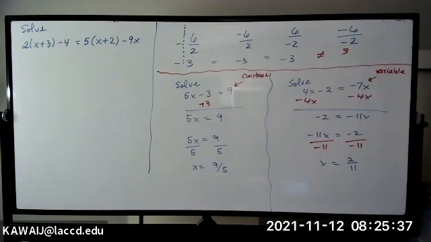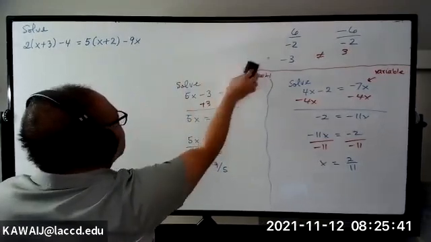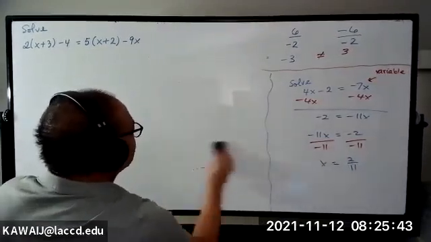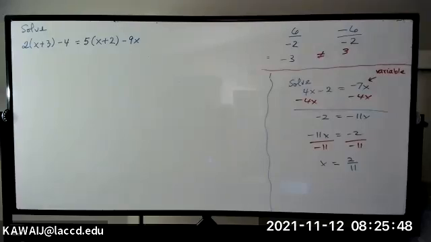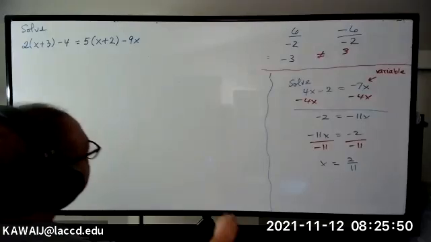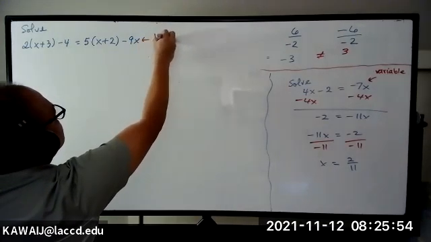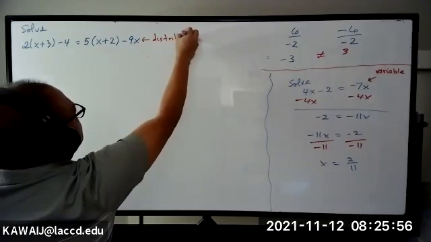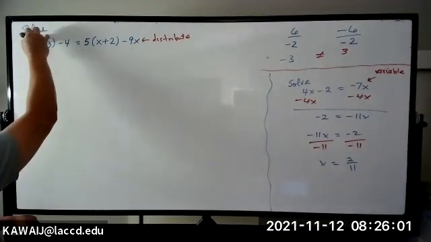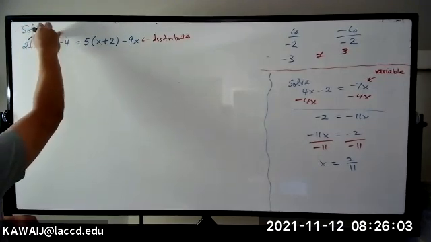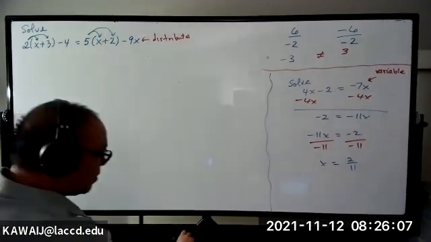Now, when you want to attack these problems, when you have these parentheses, the first thing you want to do is distribute. So go ahead and distribute. Multiply 2 with that, 2 with this, 5 with that, 5 with this.